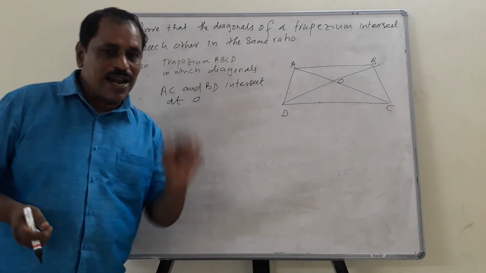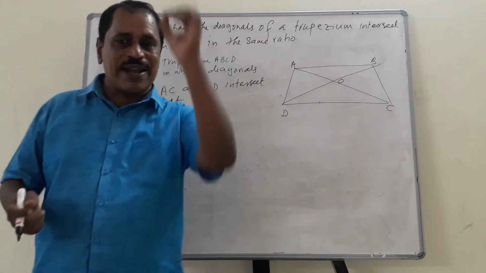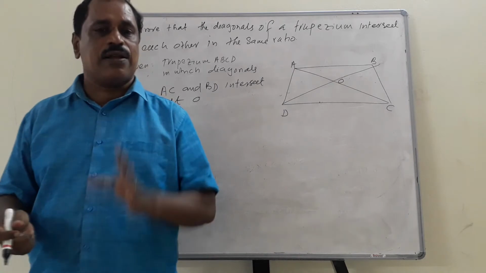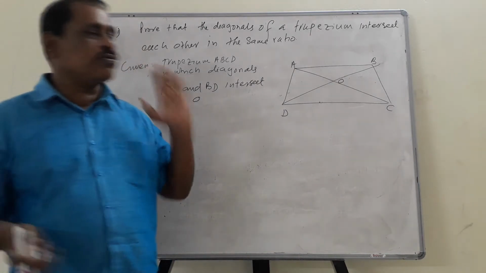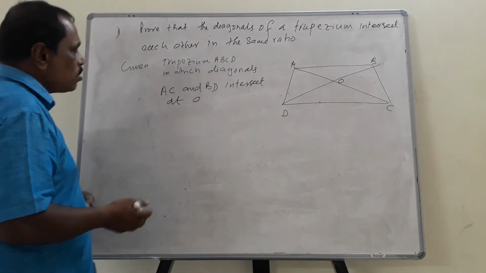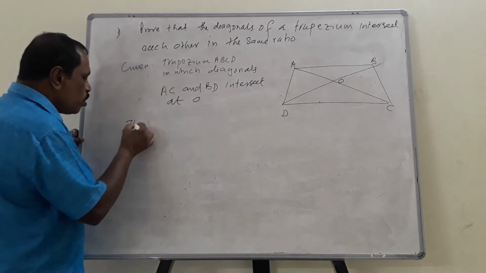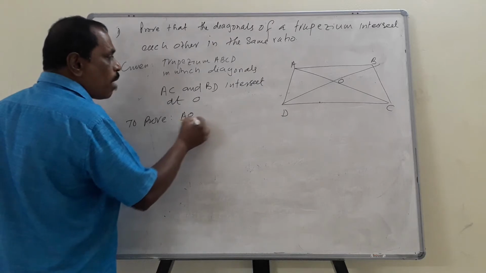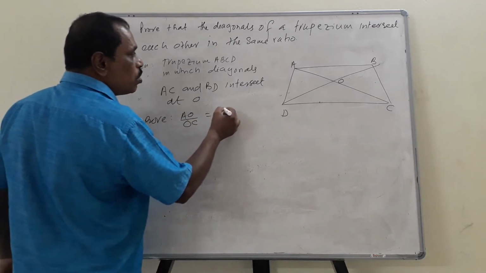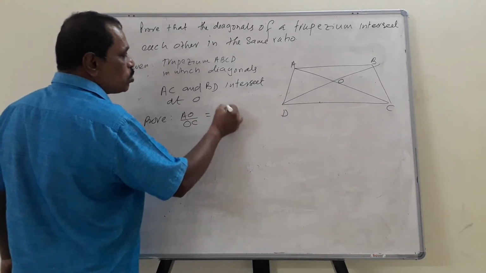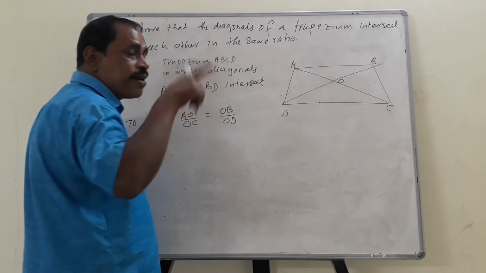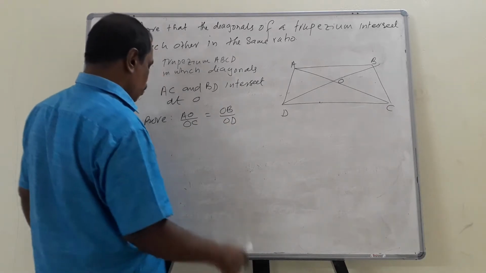In geometry, 90% of things are given in the question. That is why geometry is easy. And then, what to prove? Very simple: AO by OC equals OB by OD. The diagonals are divided in the same ratio.